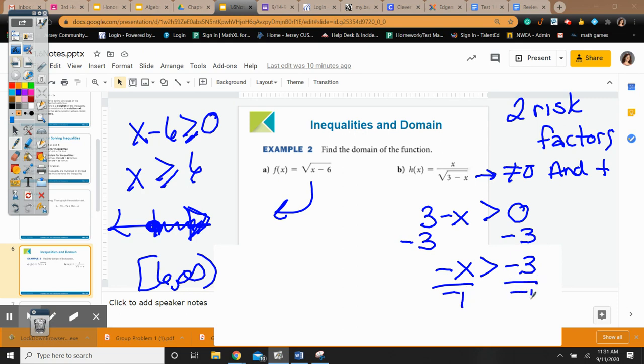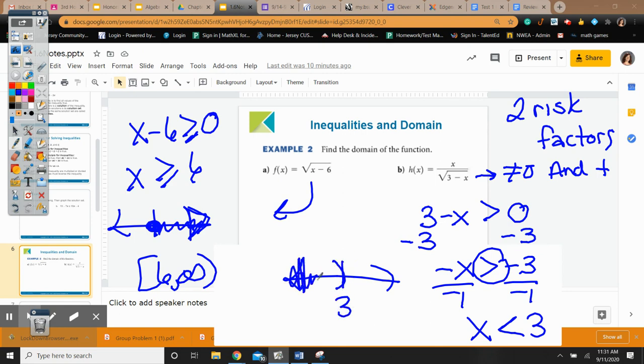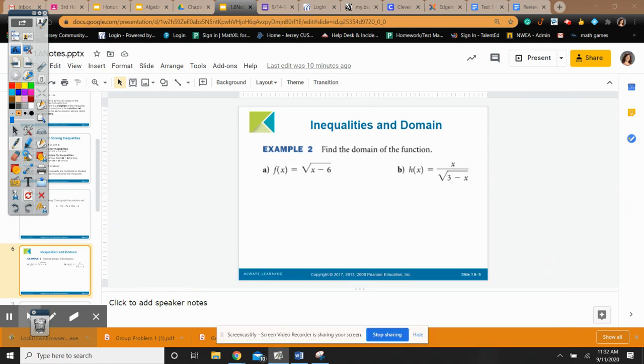Divide by -1 and flip the inequality, and it's x is less than 3. So the domain would be 3 would get the open parenthesis or open circle, and it's shaded to the left. So the values that can be here are -infinity to 3 with a parenthesis. I'm sorry, I made a mistake on that first one.